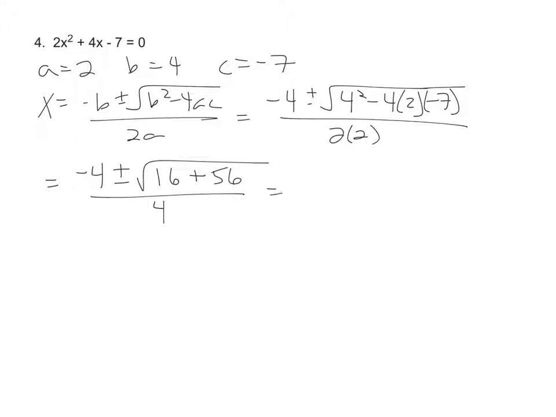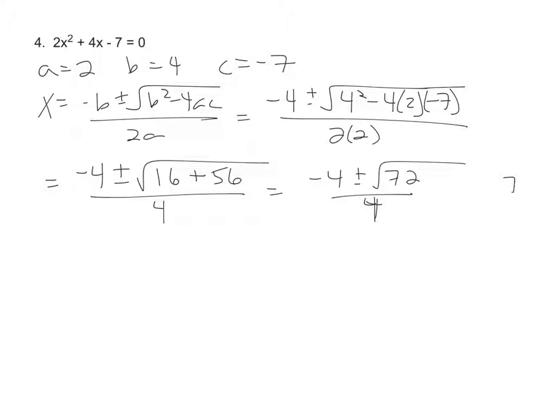Okay, so if I keep simplifying here, I'm going to get negative 4 plus or minus the square root of 72 all over 4. Now, this is an answer that you can leave, but it's not completely simplified. So if you were dealing with a multiple choice question, this answer would not be there. I actually need to simplify the square root of 72 and then see if I can reduce it all.